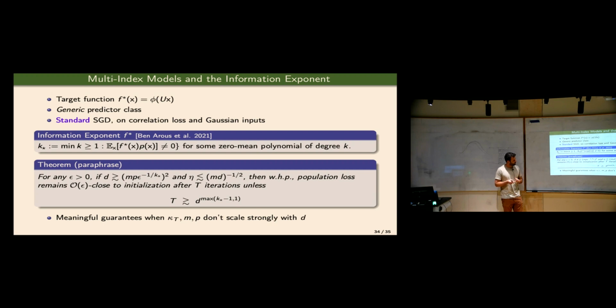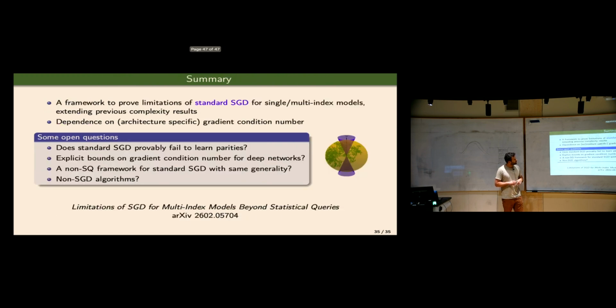Again, under very simple assumptions and very similar things to before. We just need the dimension to be large relative to everything else, and the learning rate not to be too big. Okay, so we can actually get meaningful lower bounds for SGD.